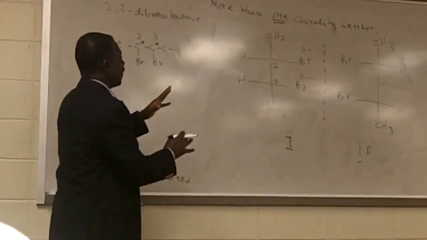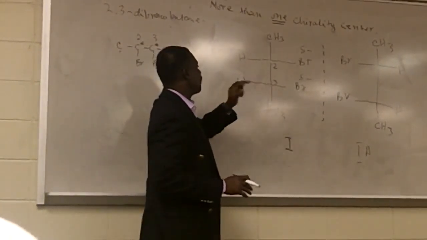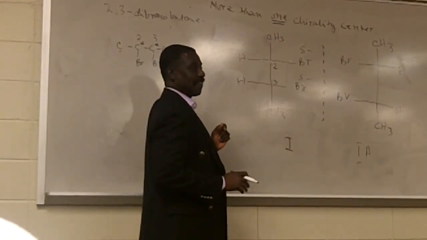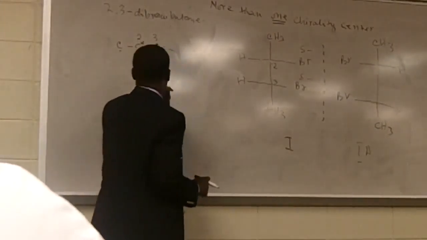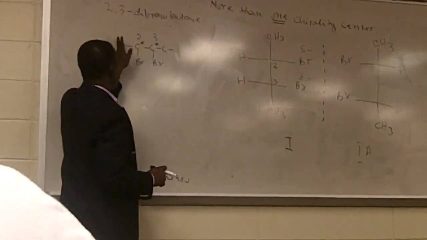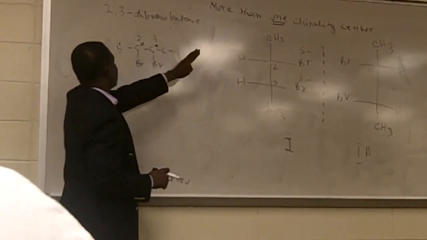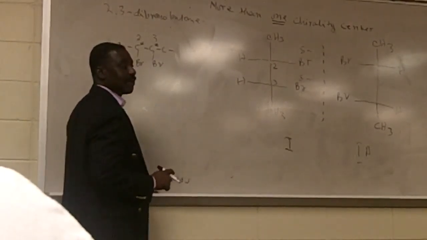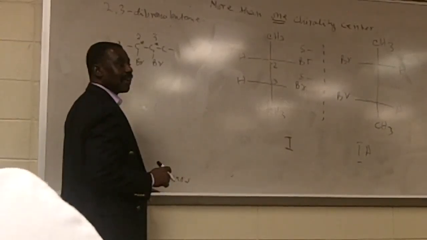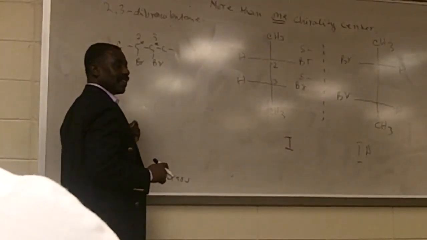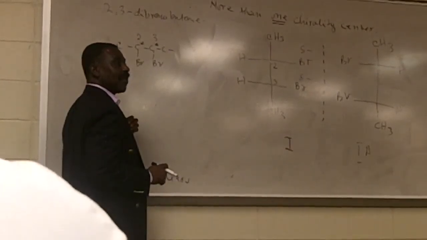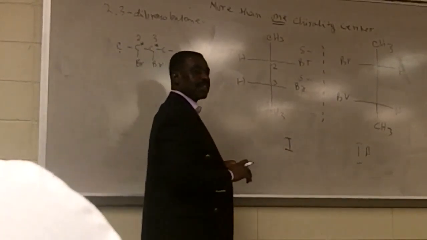If I set it up, that's my carbon 2 and it's my carbon 3. Carbon 2 is right there, has CH3, Br, H, and then the rest of the molecule as you see it up there. So now we're going to test how many stereoisomers we're going to have for this compound here.